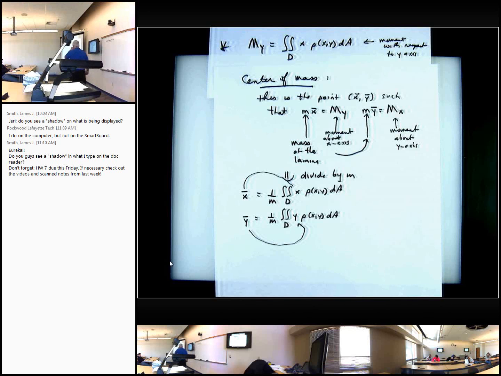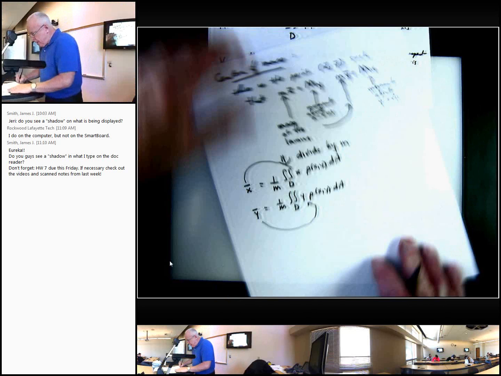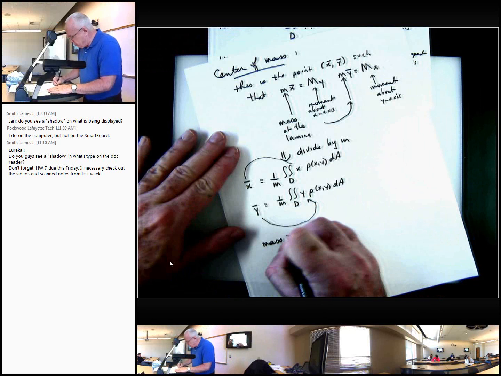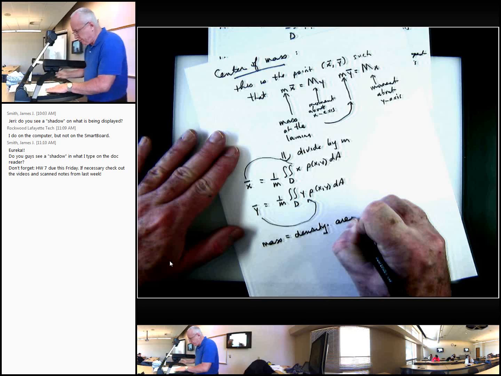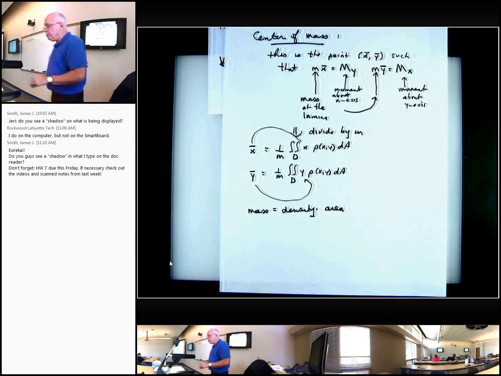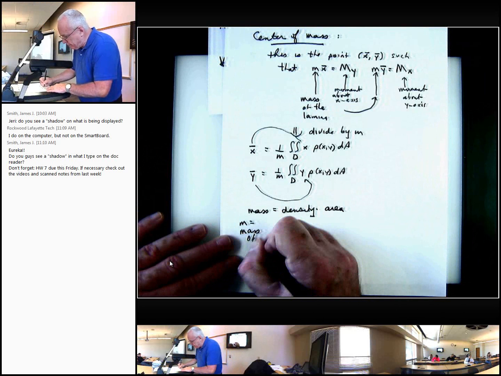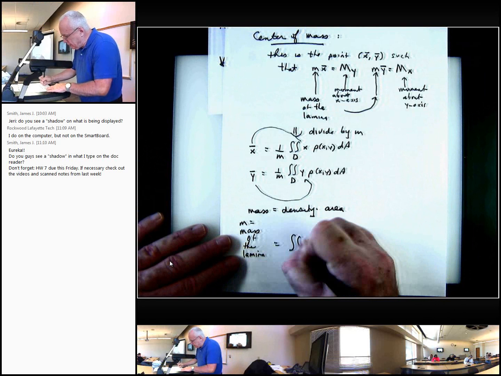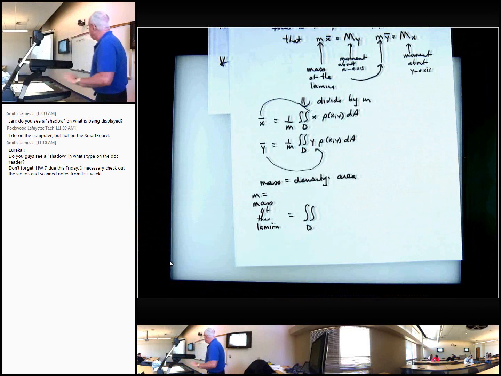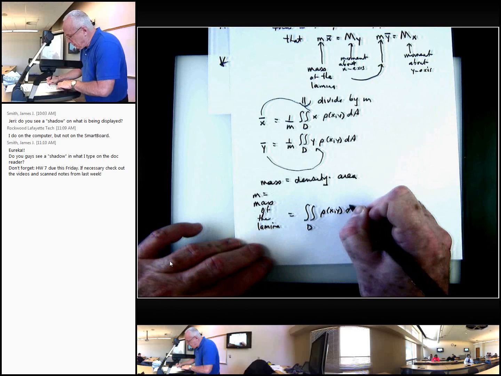Now the thing is, how do I calculate the mass of the lamina? Well, remember, mass is equal to density times area. We can determine that the mass of the lamina, m, the mass of the sheet, is the double integral over our region D of the density rho of x,y dA.